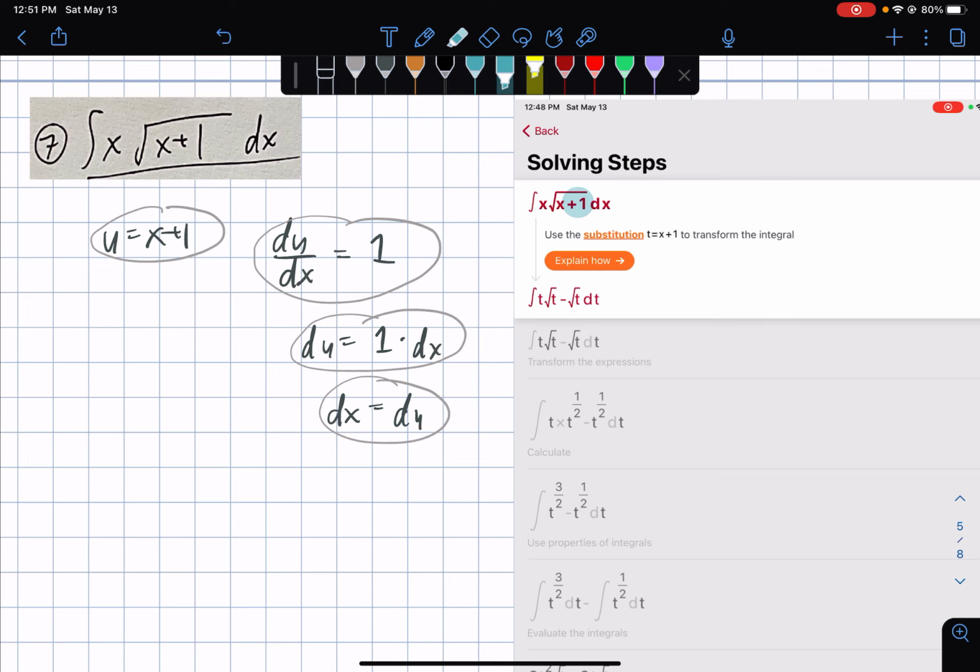This was plus, this became negative. There must be something related to that. Something that we should know. Maybe.